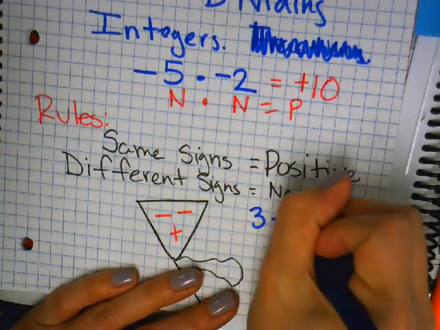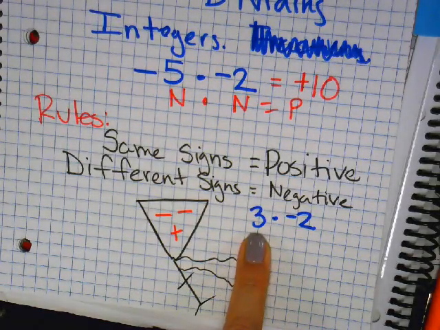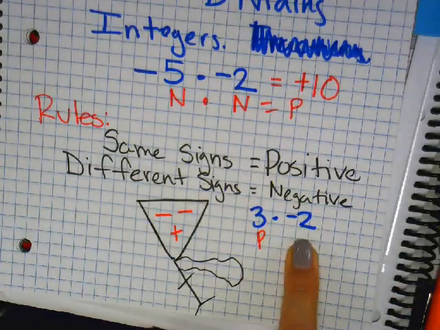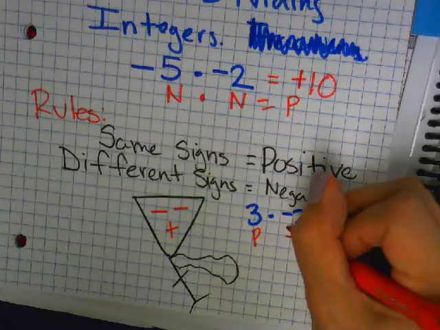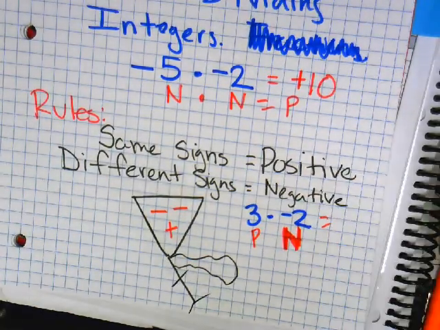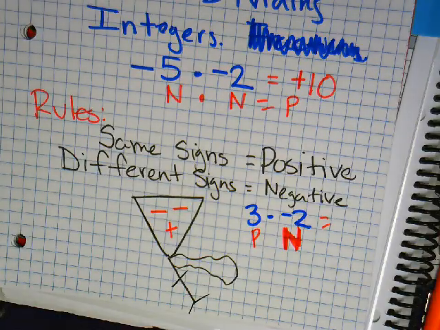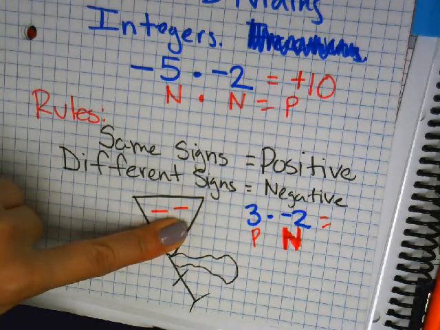3 times negative 2. Okay. What kind of number is the 3? Positive or negative? Positive. What kind of number is the negative? Negative. Negative 6. Okay. So, here's how I use the Dorito Man. Positive, I cover up with my finger the positive.